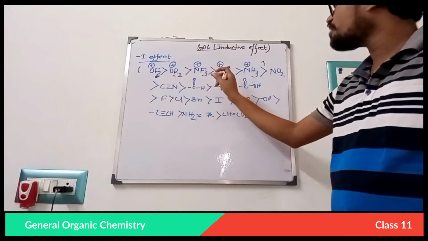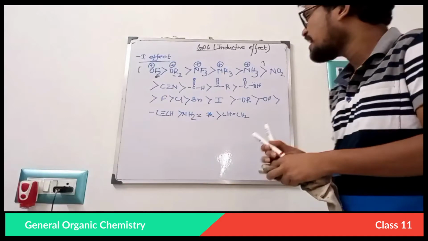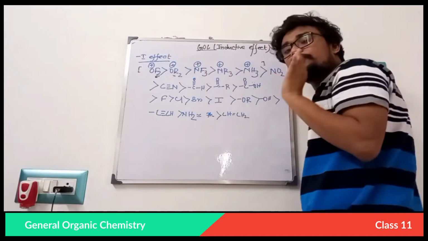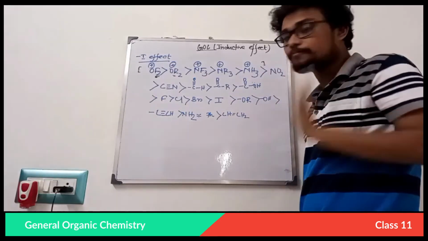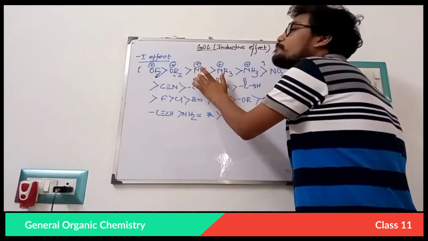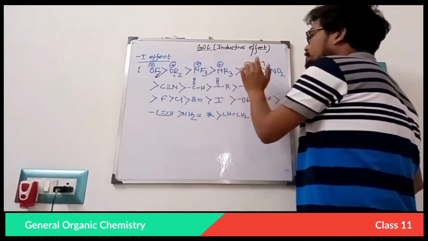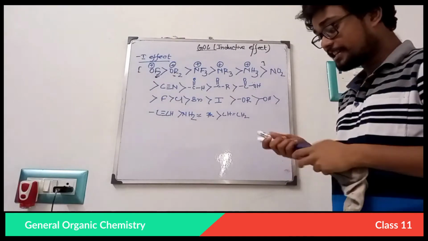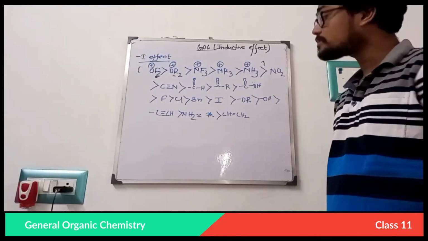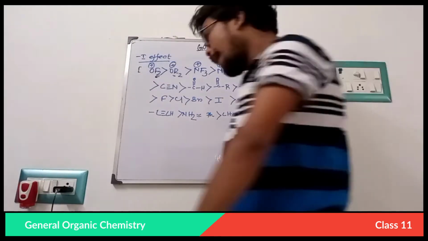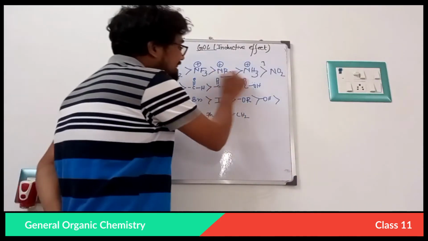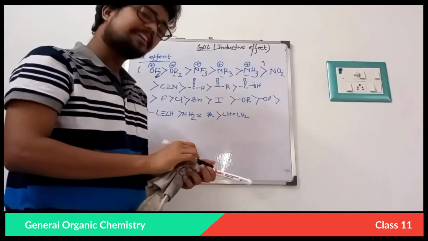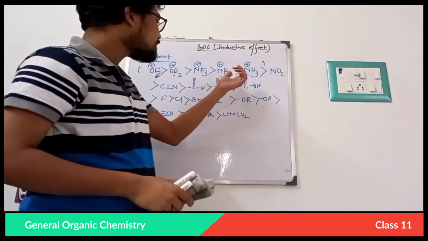Second one, NF3+, NR3+, NH3+. Nitrogen has a positive charge with also three fluorine atoms, the most electronegative atom, so obviously this has a more minus I effect than these two. Now an interesting thing arises. In NR3+ and NH3+, the R group has a plus I effect.